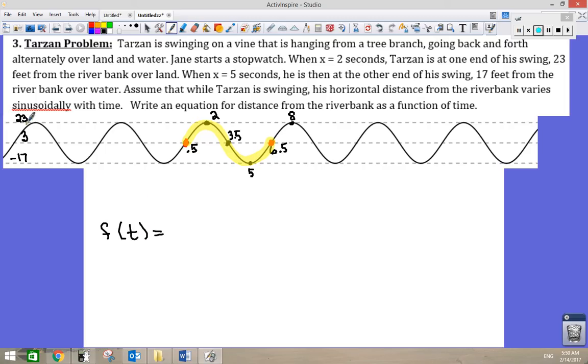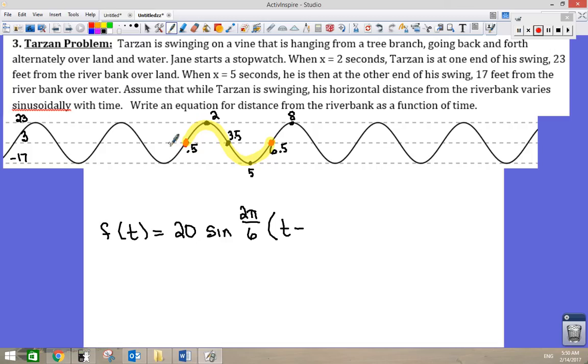So the amplitude is 23 minus 3, which is 20. Then 2 pi divided by the period. The period is 6, because you can see the distance from 0.5 to 6.5 is 6.